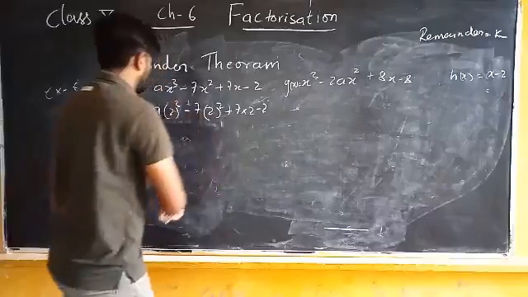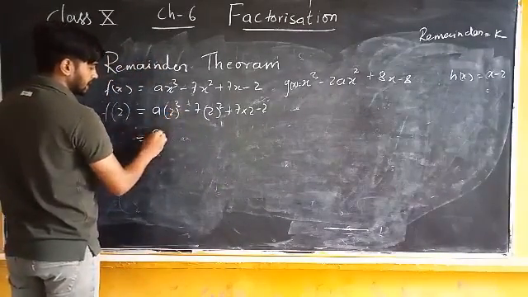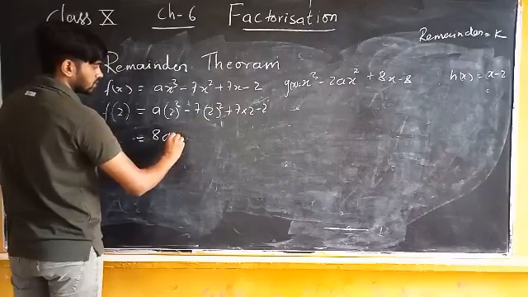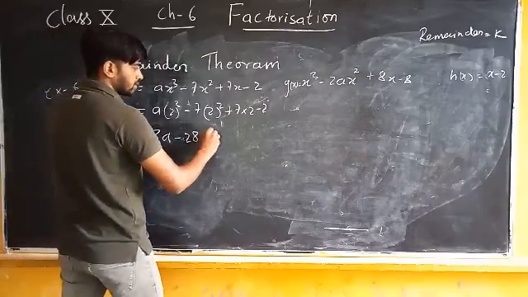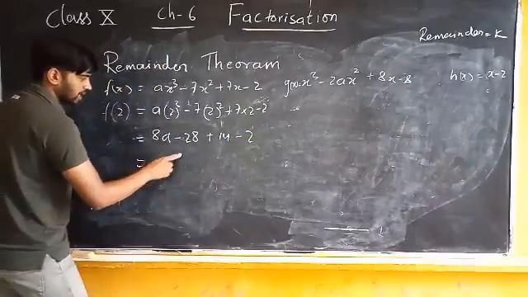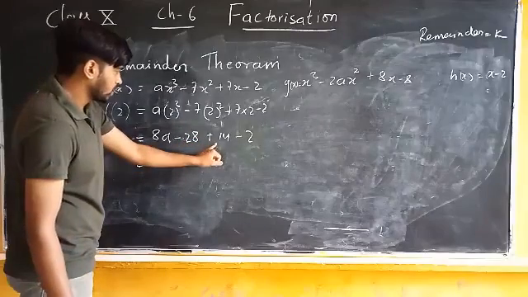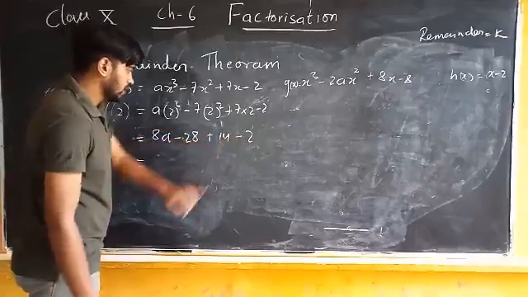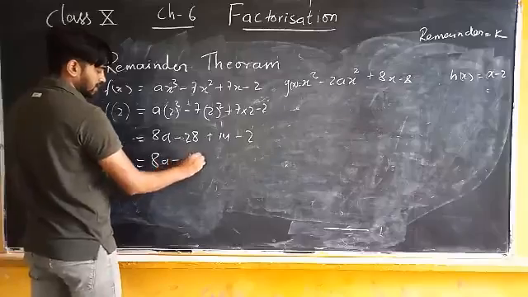Let's solve this first. Equals 8a minus 28 plus 14 minus 2. There are some like terms, let's combine the like terms. So minus 28 plus 14 gives minus 14, and minus 2 gives minus 16. 8a minus 16.